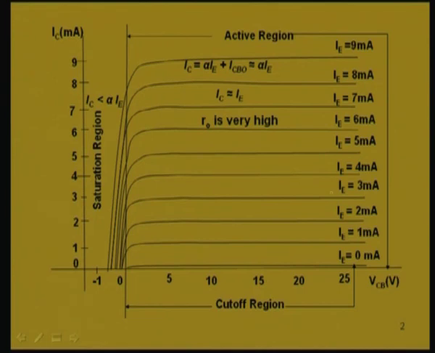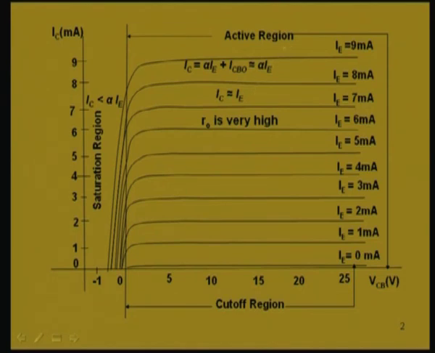This horizontal graph also represents the fact that the output resistance of this common base transistor is very high, since for a very wide range of VCB we are not getting any change in IC. So, IC is almost equal to IE in a common base transistor, but truly it is equal to alpha times IE.